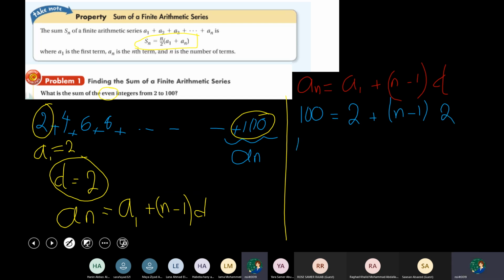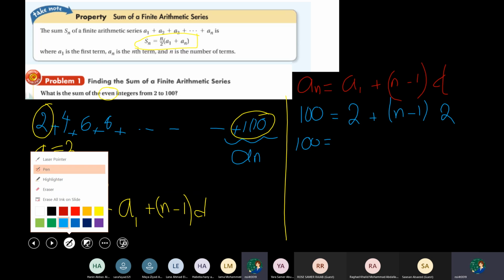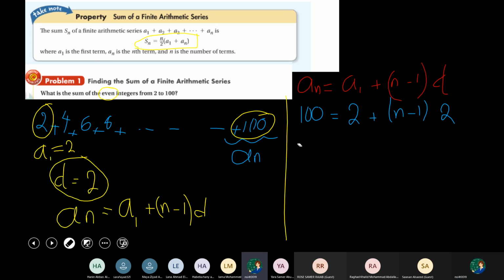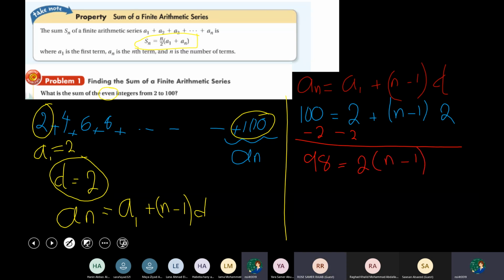Then 100 equals 2 plus n minus 1 times 2, so 100 minus 2 is 98. 98 equals 2 times n minus 1.